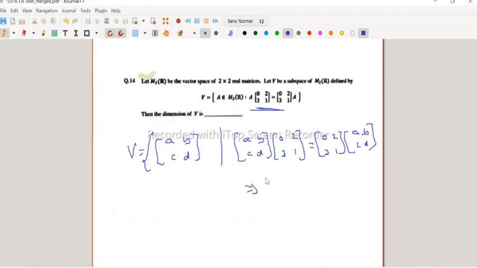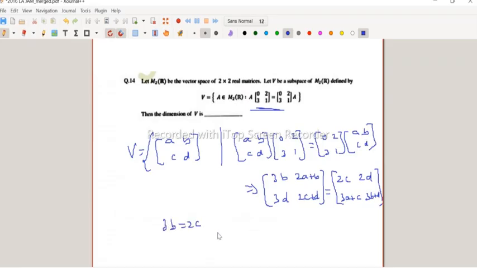Now multiply these matrices, what will you get? On one side, 3B, 2A plus B, 3D, and 2C plus D. On the other side we get 0, 2C, and 0, 2D, and here 3A plus C, and here 3B plus D. Now compare these equations: we get 3B equal to 2C.